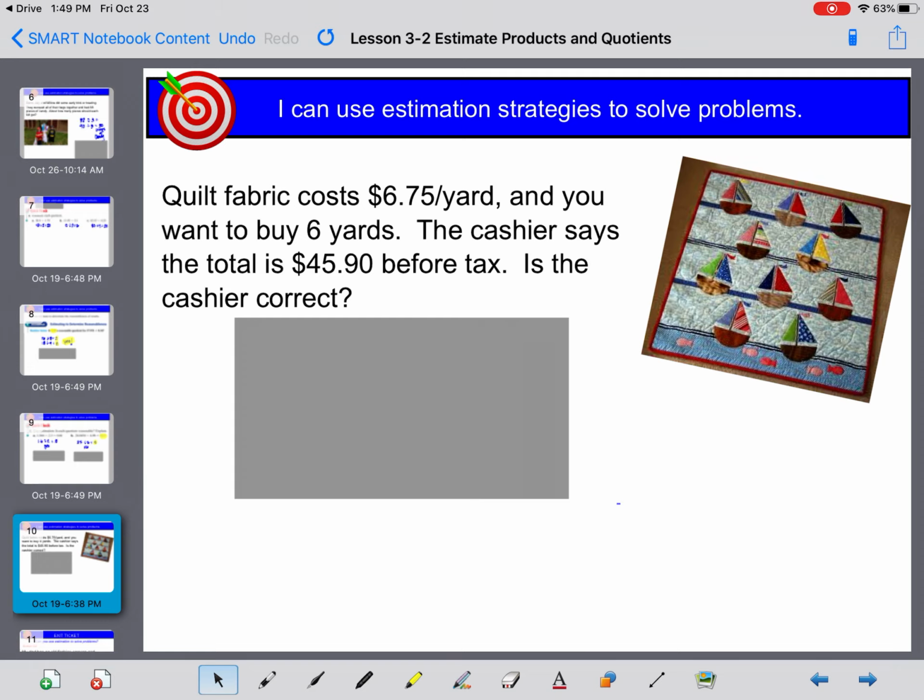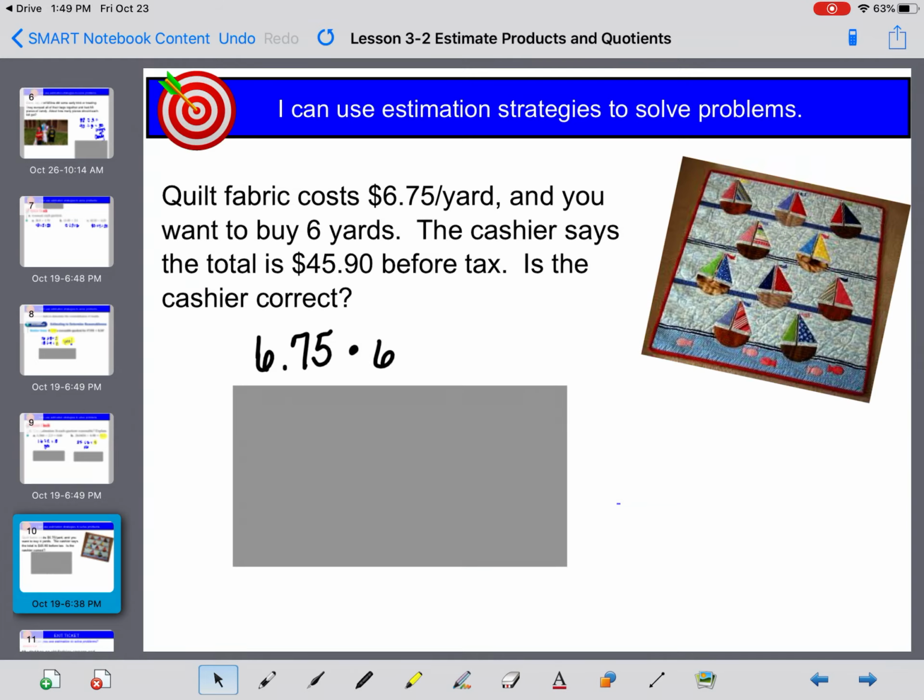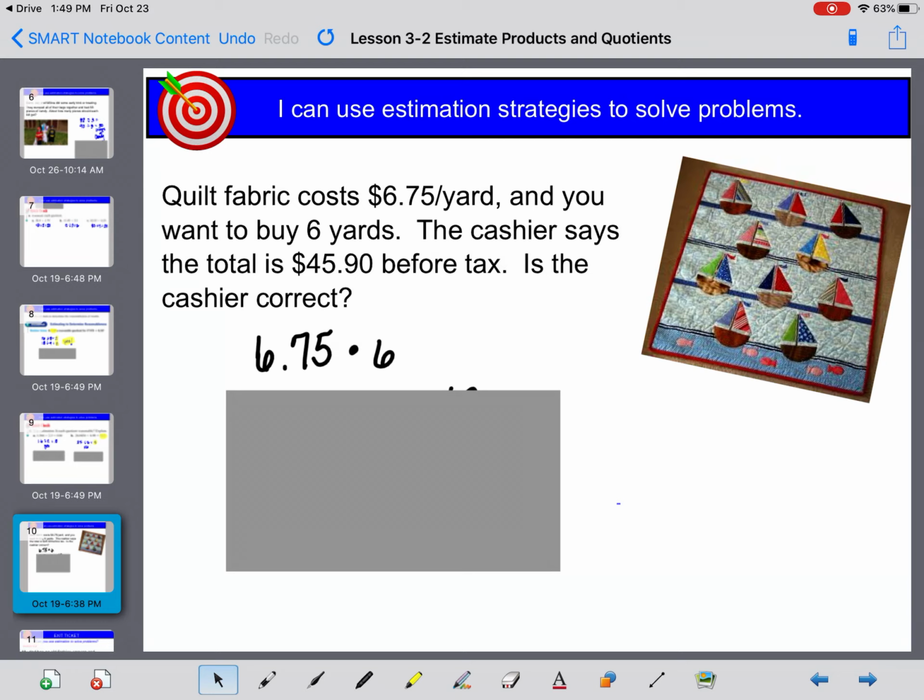Quilt fabric costs $6.75 a yard. You want to buy 6 yards. The cashier says the total is $45.90 before tax. Is the cashier correct? I would want to take $6.75 times 6.